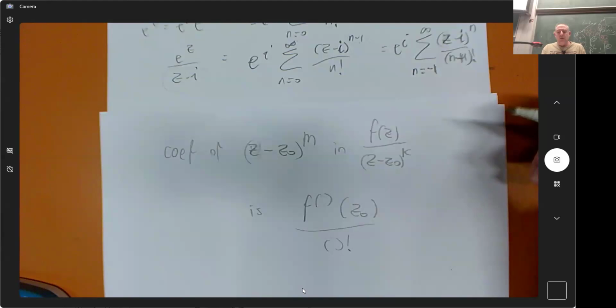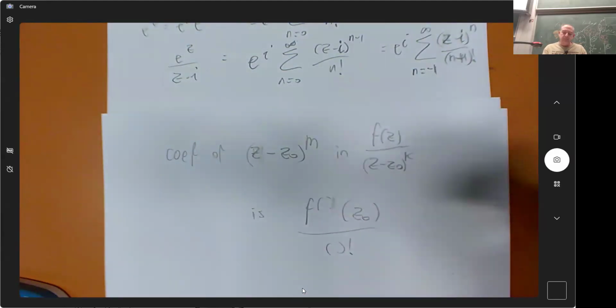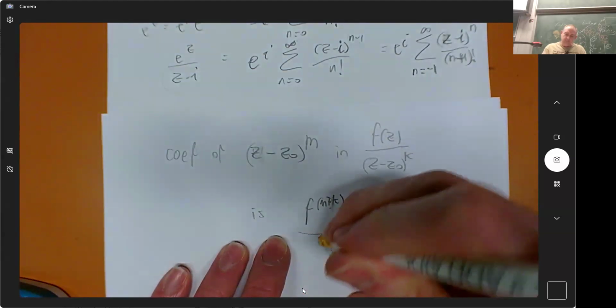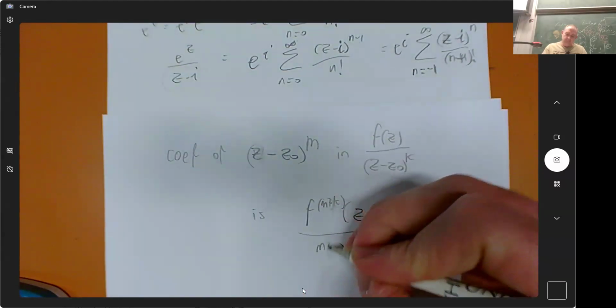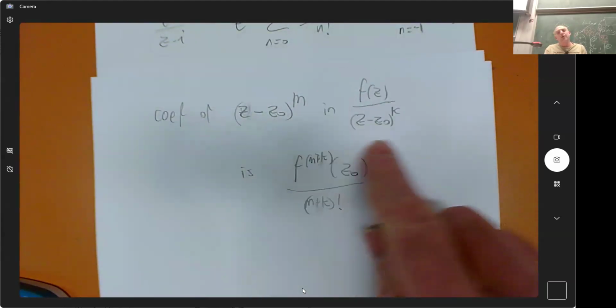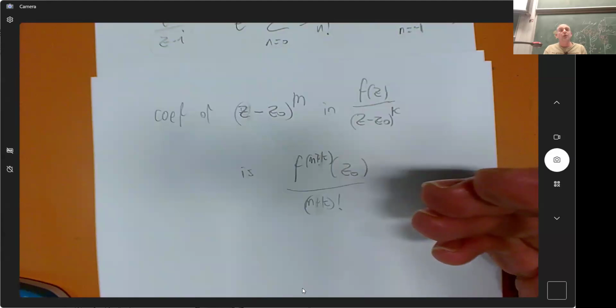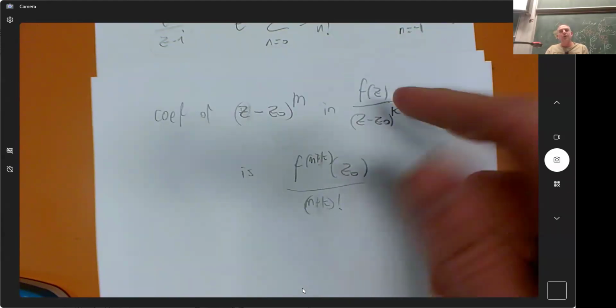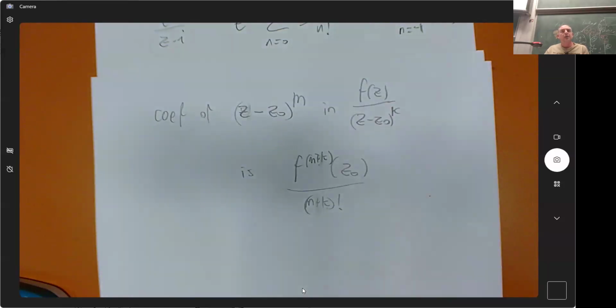And I know that it will be m plus k, won't it? Because I know that all the powers in this are k lower than they were before. And so to figure out where the coefficient came from, it came from the power that was k higher. Yeah, that's what it is.